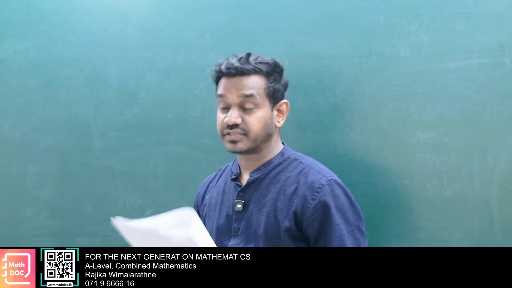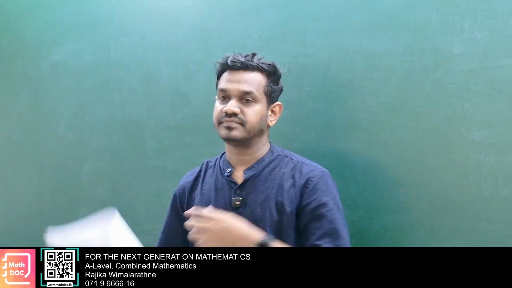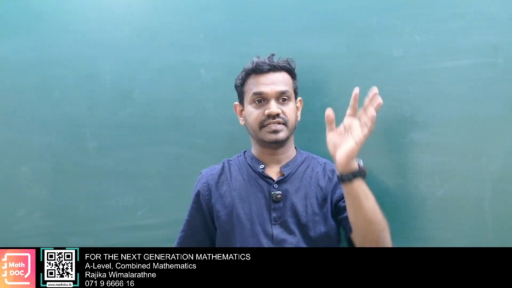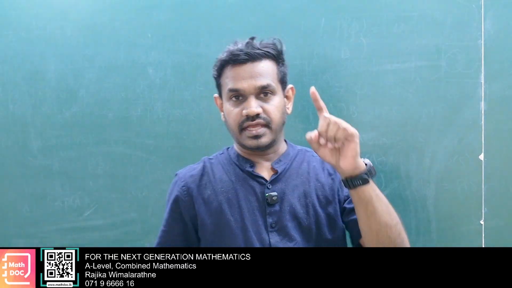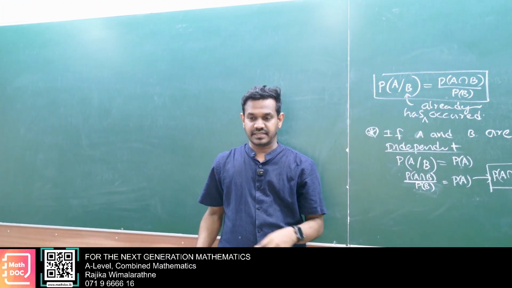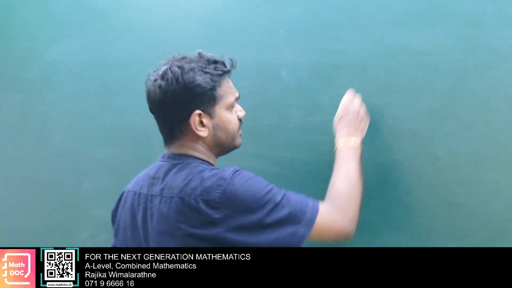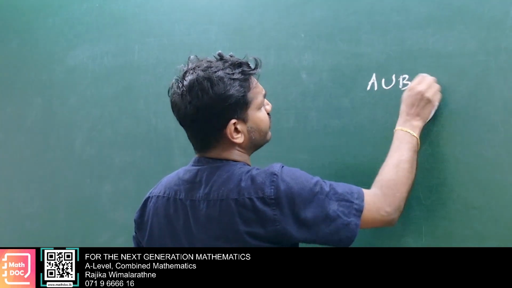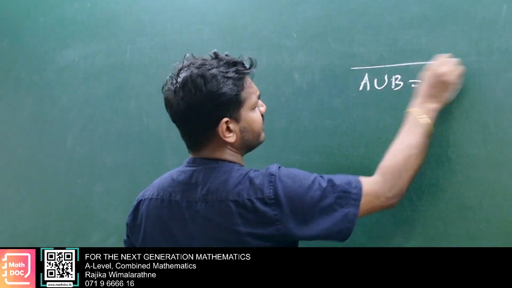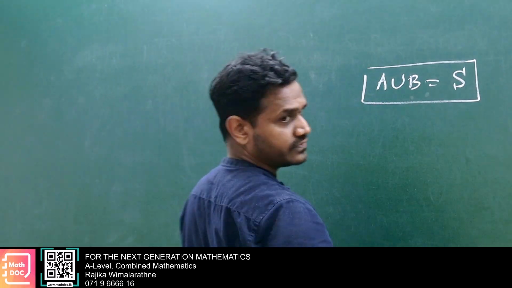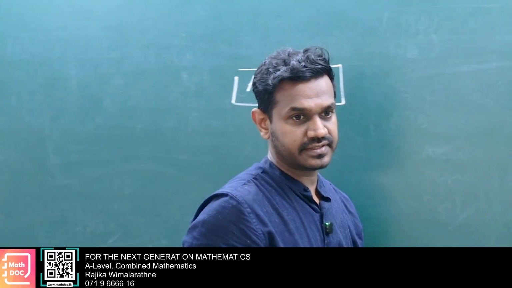Then exhaustive events, that is also a very important one, another definition. A union B equals S. See this? A union B equals S, then we say these are exhaustive events.